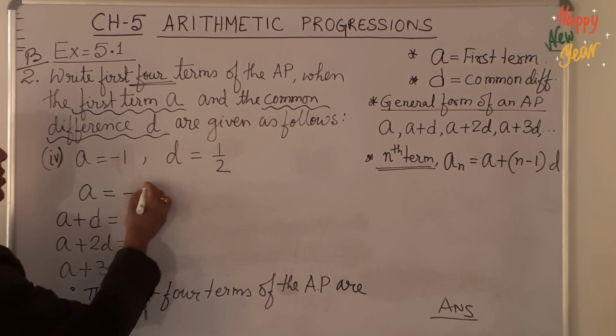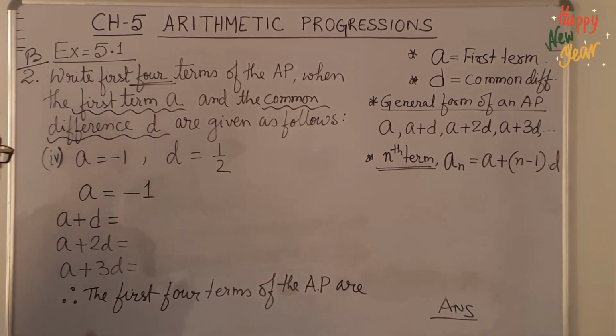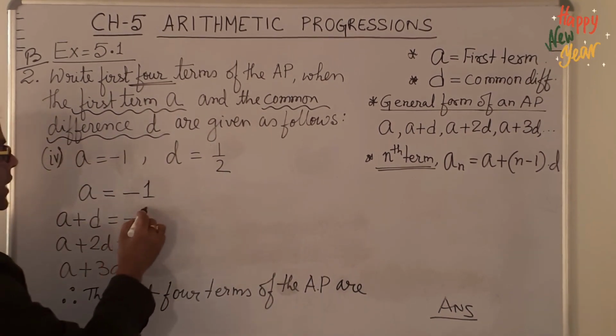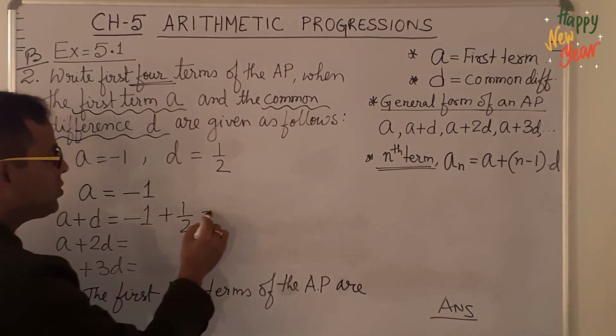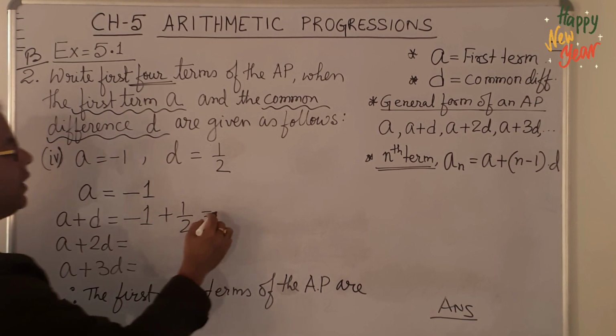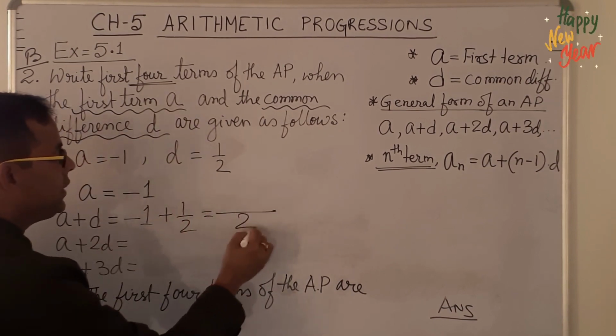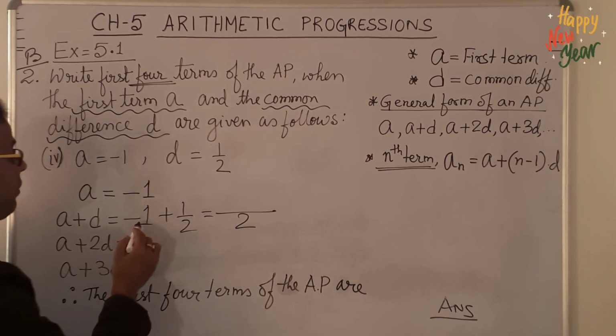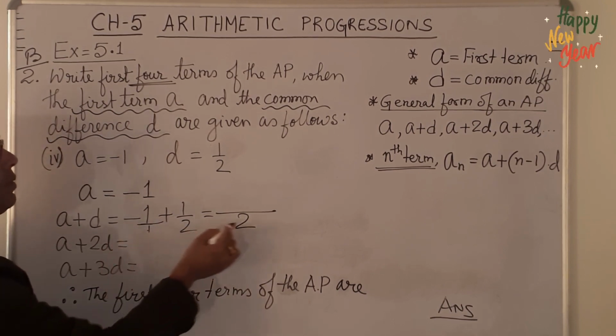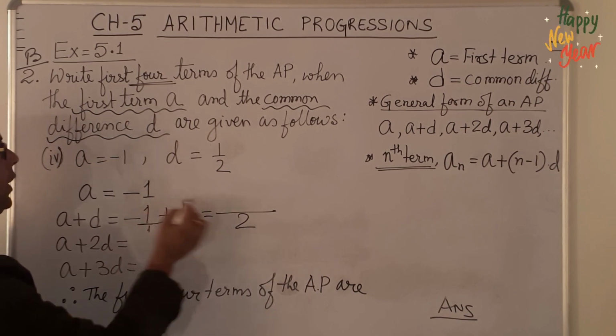So minus 1, okay. Then A plus D. So minus 1 plus half. Now minus 1 plus half, if you do LCM, 2 will be here. So minus 1 by 1 downside. 1 or 2 LCM is 2 only. 1, 2 is 2, 2 into 1, 2.